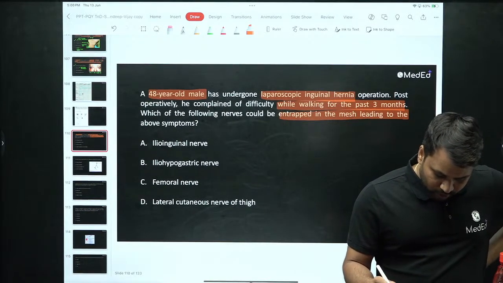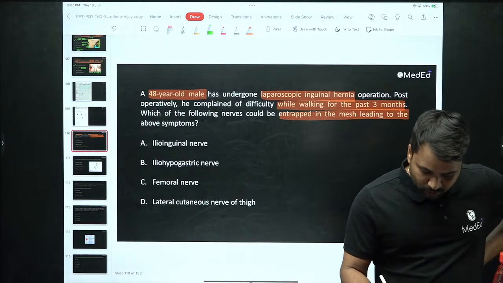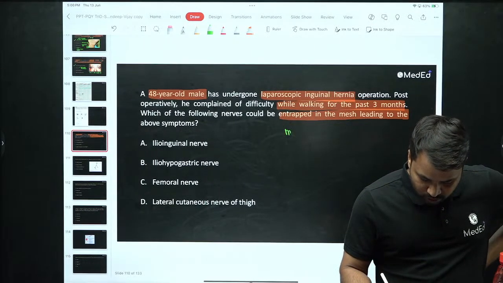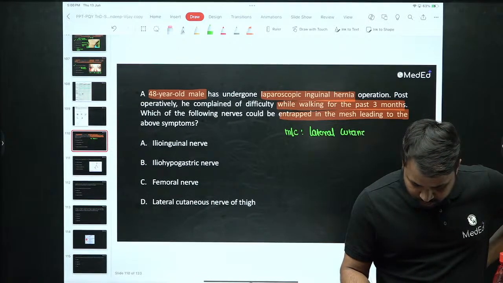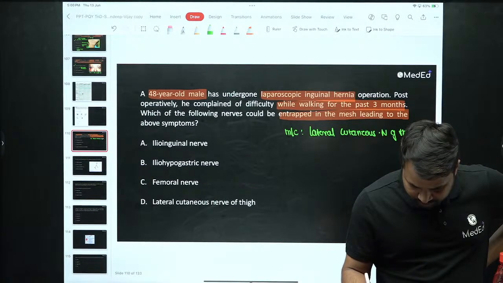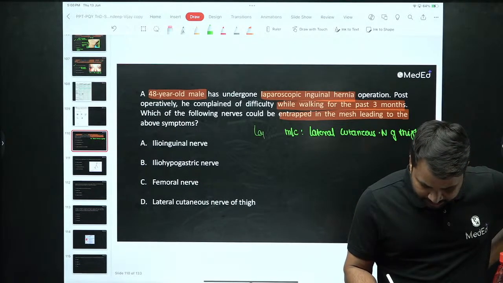When you talk about the laparoscopic inguinal hernia, the most common nerve injured is the lateral cutaneous nerve of thigh. This is when you talk about the lap repair.